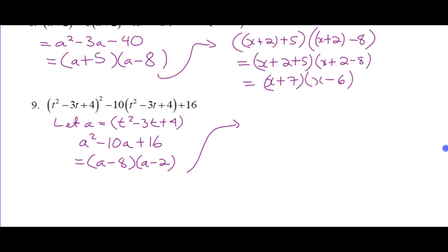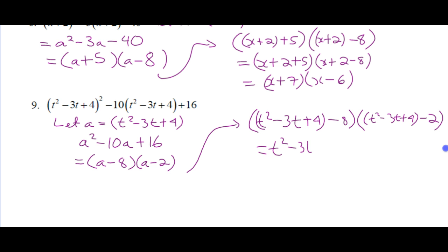If only I had written a minus, I could have turned that into a plus really easy. Okay, so sorry, it's t squared minus 3t plus 4. I like to keep it in brackets, and then minus 8. And then it's t squared minus 3t plus 4, and then minus 2. Okay, so t squared minus 3t minus 4. That needs to be in brackets, right? Because we're actually going to factor this now.